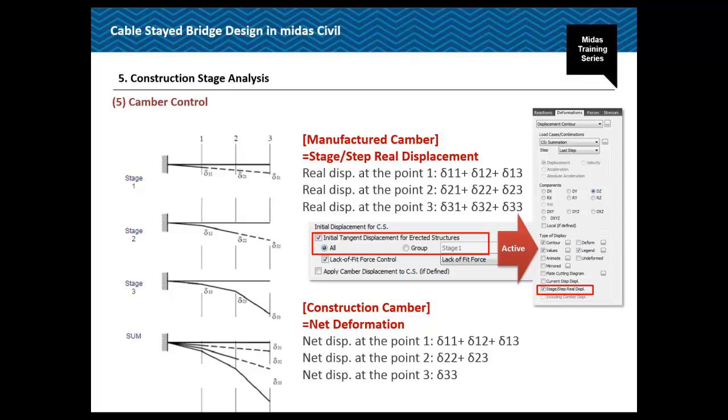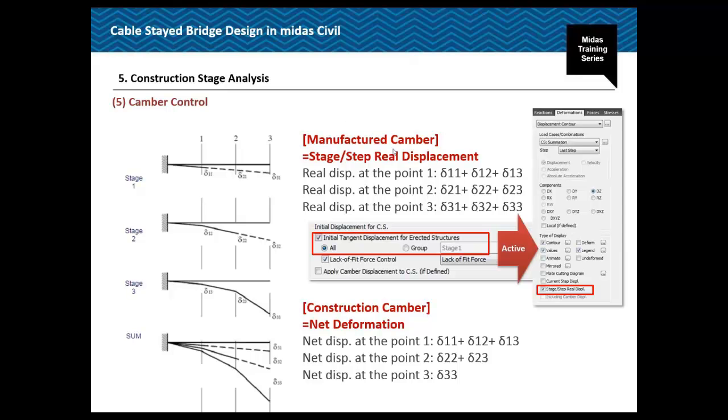So camber value can be predicted using the deformation at the final construction stage. There are two different types of the camber. As you know, one is manufactured camber and the other is construction camber, and both can be obtained in MIDAS.